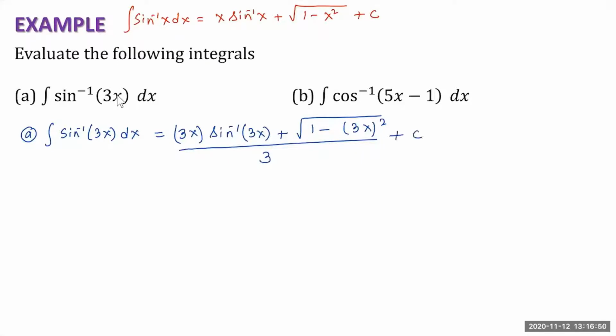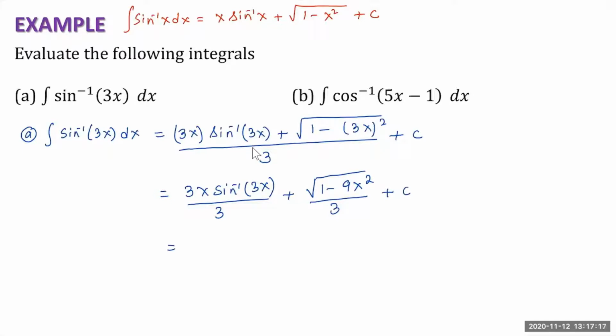Then plus c, which is equal to, so here we have 3x sine inverse 3x with the denominator of 3, then plus the square root of 1 minus 3x quantity squared, which is 9x squared. Denominator is again 3, plus c.